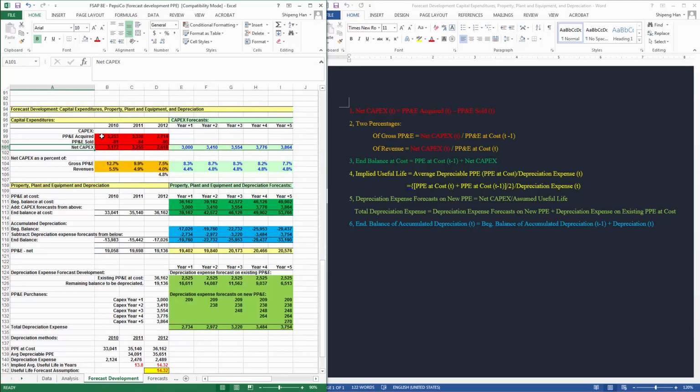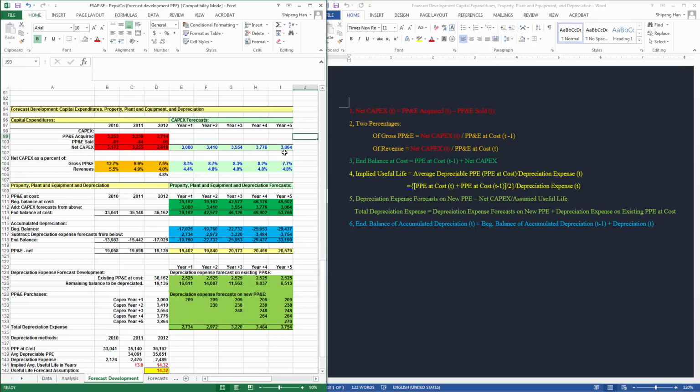So the difference of the expenditure and the proceeds from sales is the net capital expenditures. Okay. The next is how to forecast the net capital expenditures for year +1 to year +5, right?